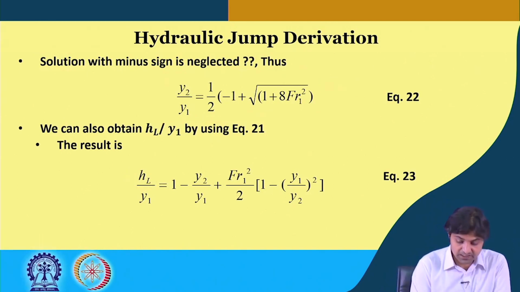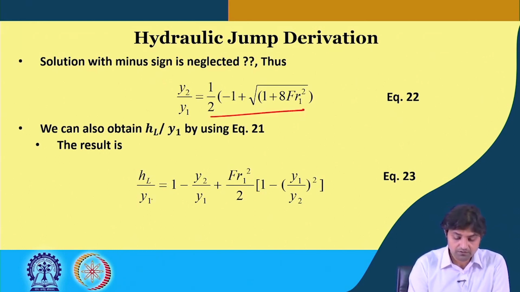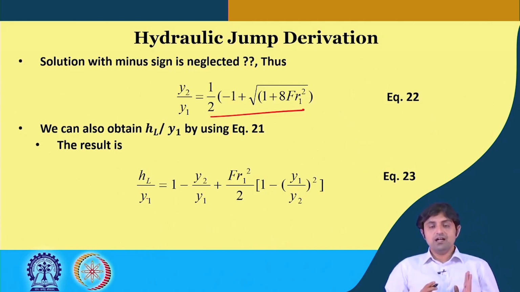And so if we are able to find y2 by y1 from this equation, see what happens is when the condition at upstream is always known, we would most of the time know what the discharge is, what the velocity is, what the height of the water is at the upstream end.